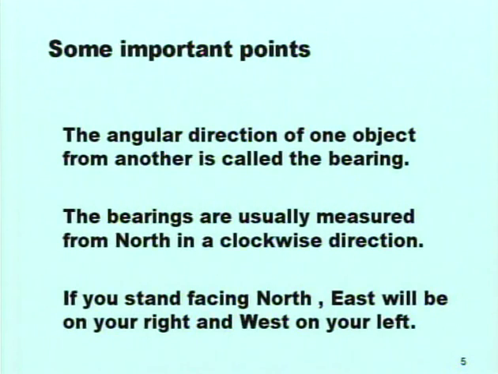The angular direction of one object from another is called the bearing. Bearings are usually measured from north in a clockwise direction. If you stand facing north, east will be on your right and west on your left.